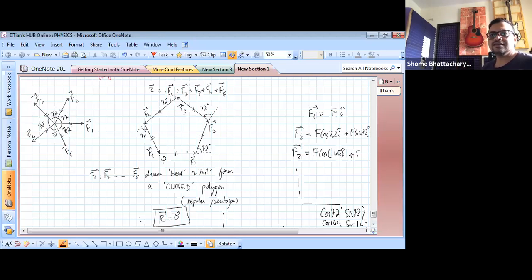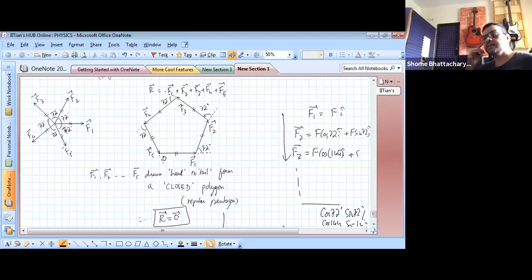So if they were different angles, then this regular polygon, in this case this pentagon, would not have come in any use for us. So then it would be better to go with the component algebra method. This method would be easier if they were different angles. But here, because the angles were same, it should have struck us that they will form a regular pentagon. If this symmetry was not there, that they are equal in magnitude and the angles are also equal, then we could not make use of the properties of the regular pentagon. So there the component algebra method would have been easy.